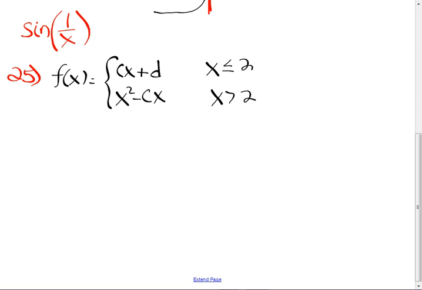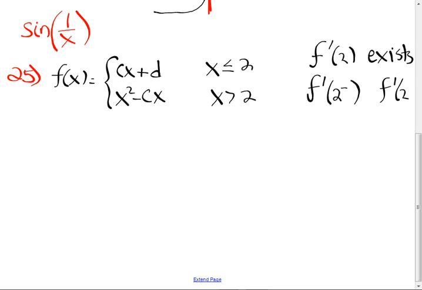So it says f is differentiable at x equals 2. What does that mean? F prime of 2 what? Exists. Matter of fact, f prime of 2 from the left and f prime of 2 from the right must be equal. That's the key thing right there.